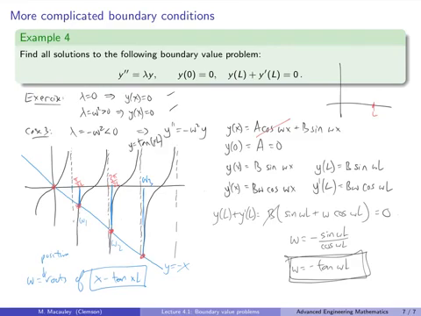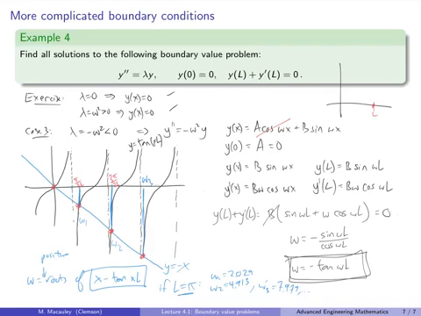I actually did this in advance using a computer. If L equals pi, then these roots are omega 1 equals 2.029, omega 2 is 4.913, omega 3 is 7.979, etc. So you can find them numerically. This is what they are.